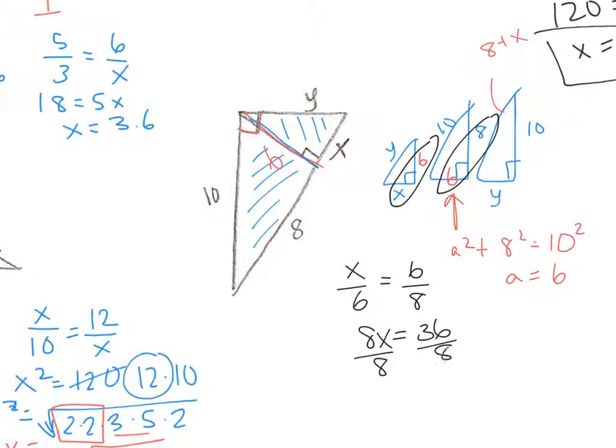Divide by 8. X equals 4.5. So now you can write 4.5 in for x. And you can solve for y with the proportion. With these two, 6 is to 8 as y is to 10. And solve for y.